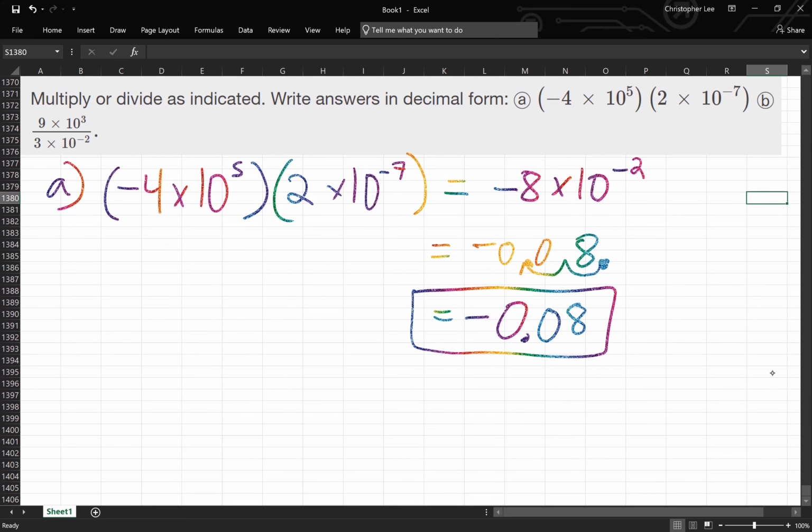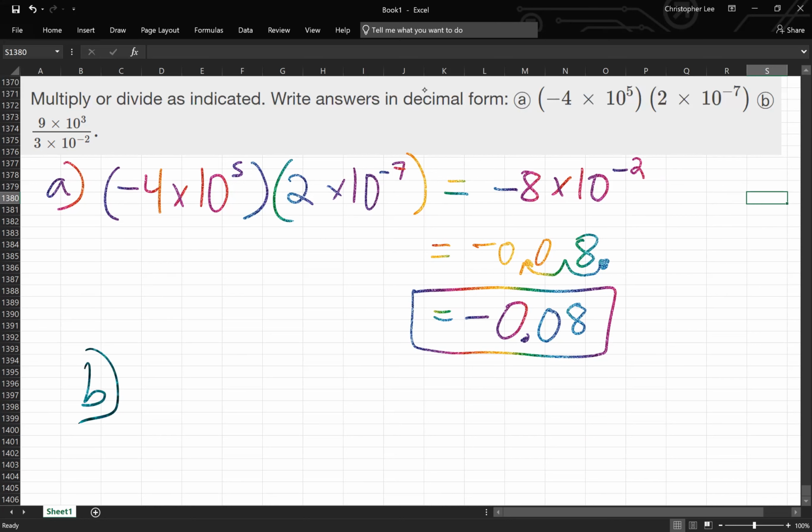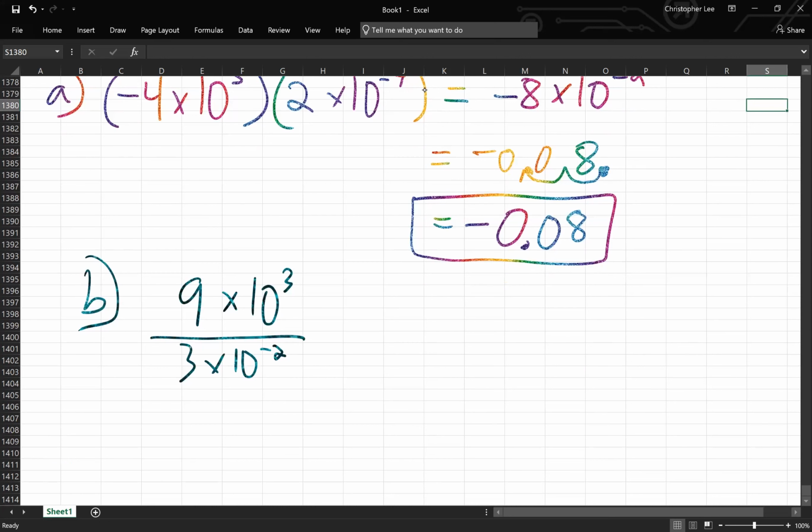Let's try B. So happy about B. I thought we weren't going to get to do this. So 9 times 10 to the third power divided by 3 times 10 to the negative 2 power, right? So let's do the numbers real quick. 9 divided by 3, what's that again? 3, right?